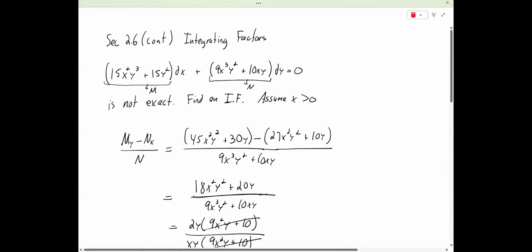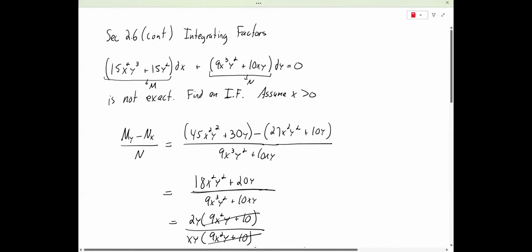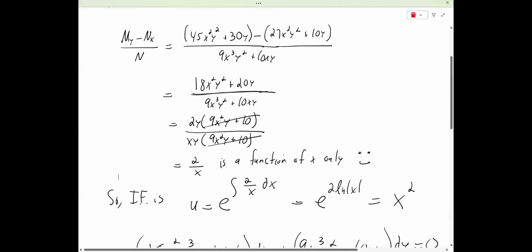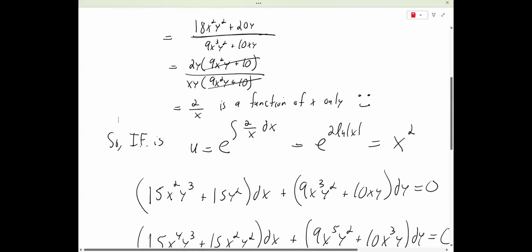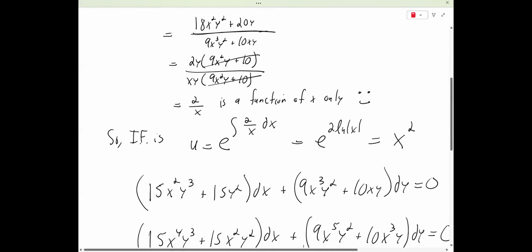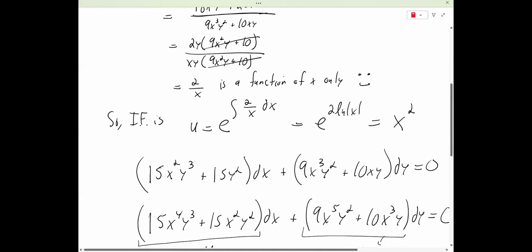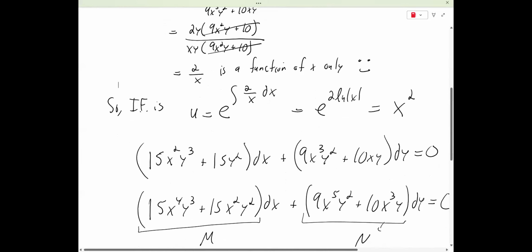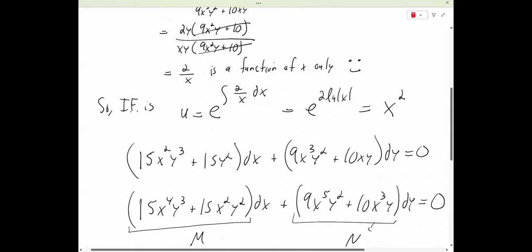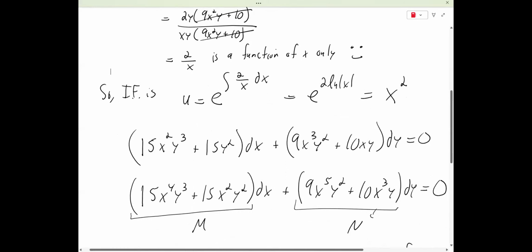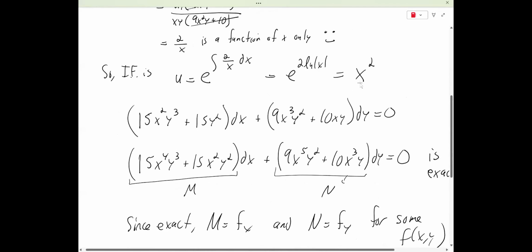Then did I miscopy it when I brought it down? It's 15x squared y cubed plus 15y squared, 9x cubed y squared plus 10xy dy equals 0. I went through by the integrating factor, so through by x squared. So I should tack on x squared here, there, and there.